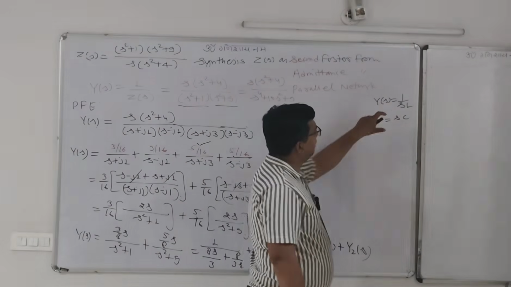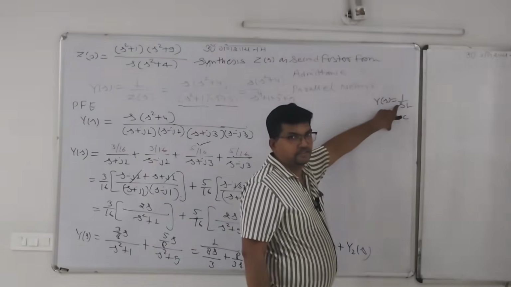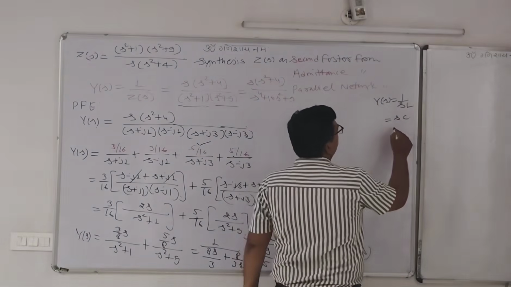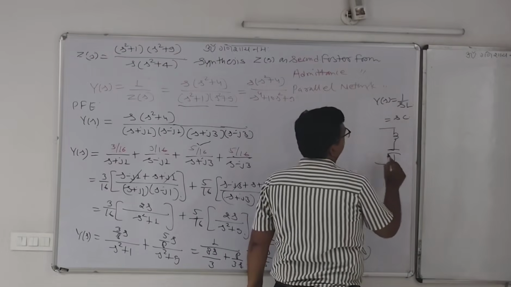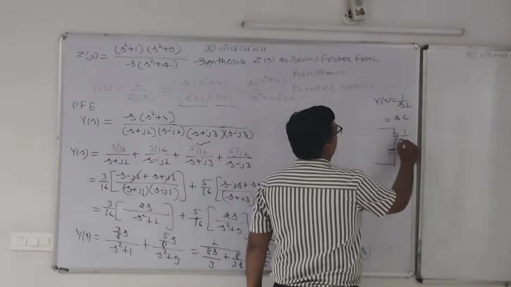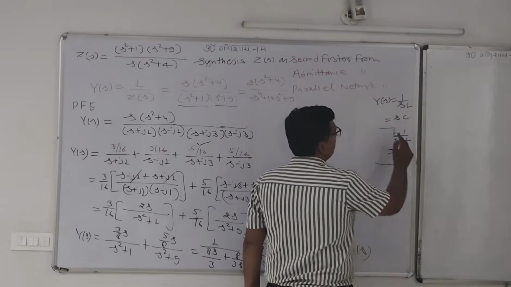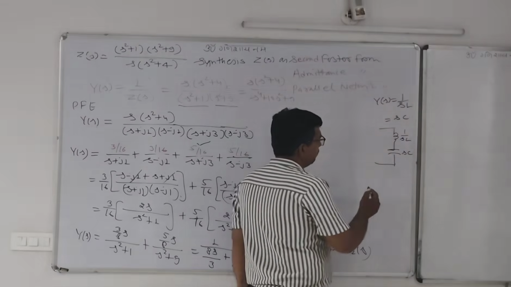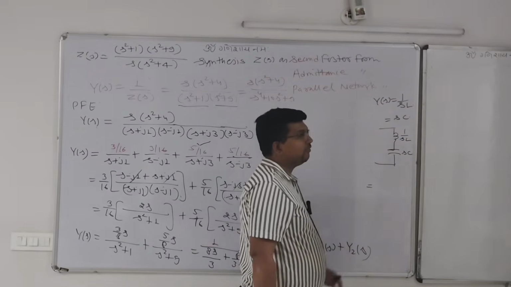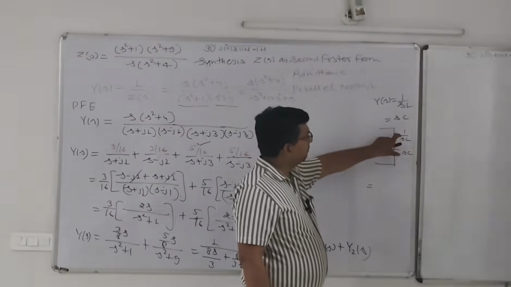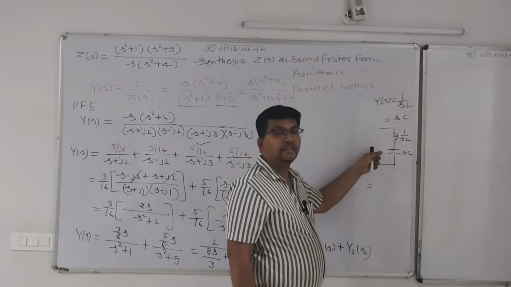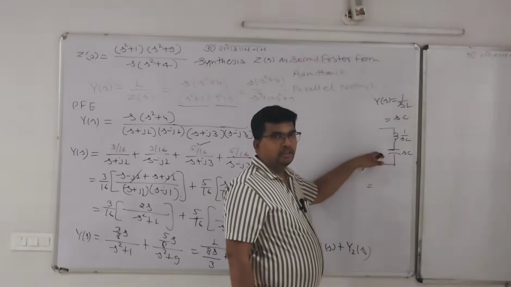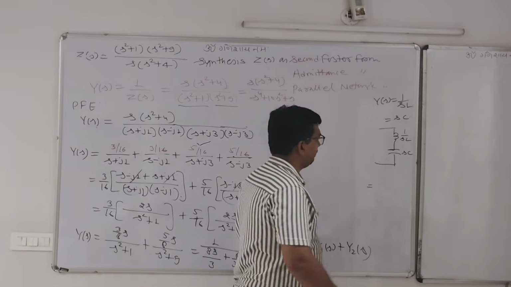Now, when two admittances are connected in series, it means we have an inductor and a capacitor, and both admittances, 1 upon sL and sC, are connected in series. So what is the equivalent? It will be the product divided by the sum, because they are admittances and the formula is just the reverse of that of impedance.